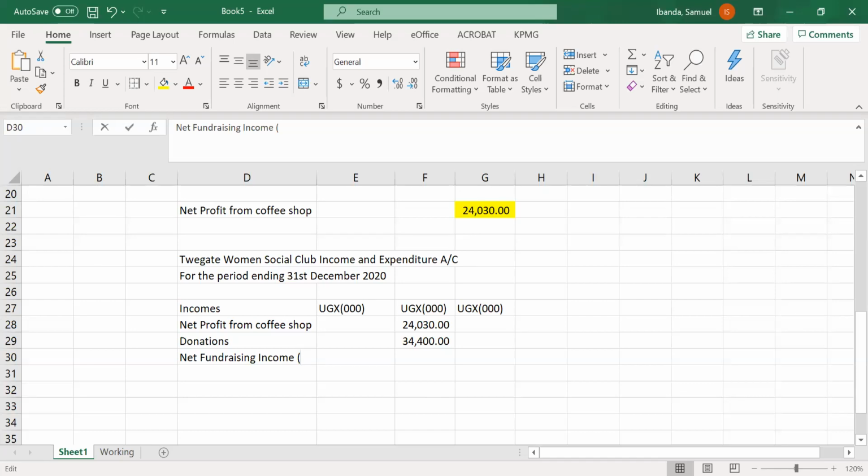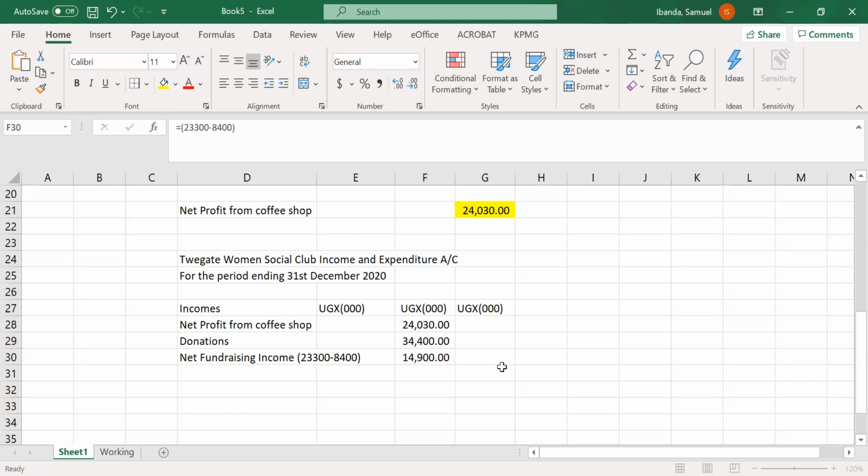It is 23,300 minus the fundraising expense, which is 8,400 in brackets. This is the same thing that I'm going to calculate here. Use your calculator.